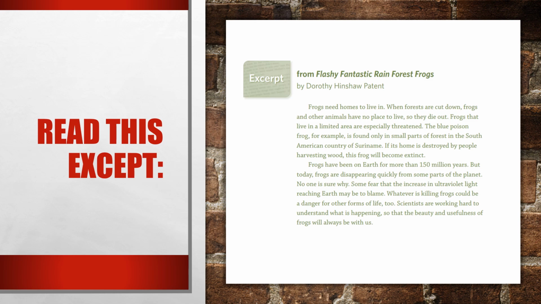If its home is destroyed by people harvesting wood, this frog will become extinct. Frogs have been on Earth for more than 150 years, but today frogs are disappearing quickly from some parts of the planet. No one is sure why. Some fear that the increase in ultraviolet light reaching Earth may be to blame. Whatever is killing frogs could be a danger for other forms of life too. Scientists are working hard to understand what is happening so that the beauty and usefulness of frogs will always be with us.